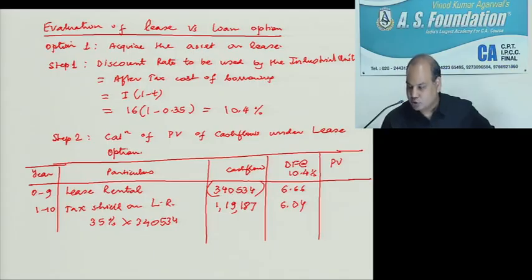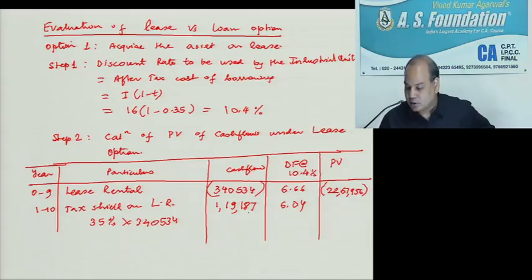3,40,534 into 6.66 in bracket. How much is that? 22,67,956. Wait.